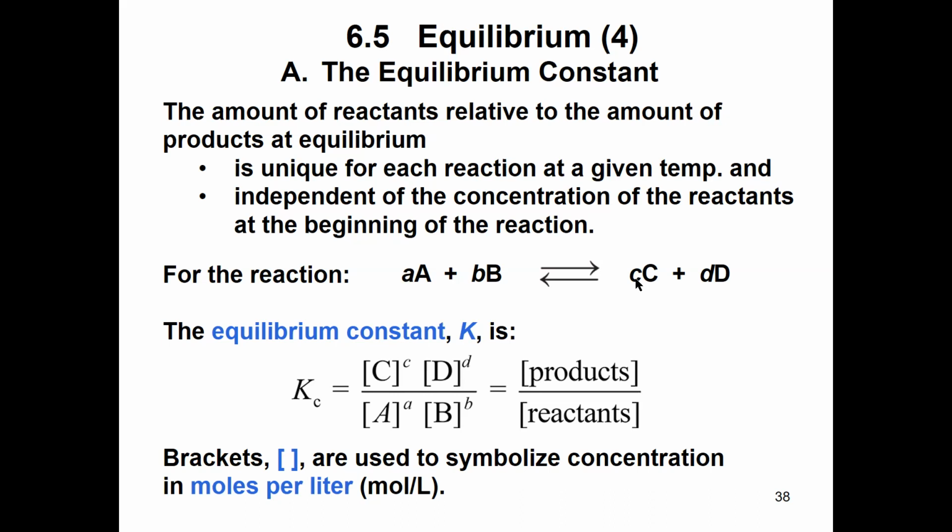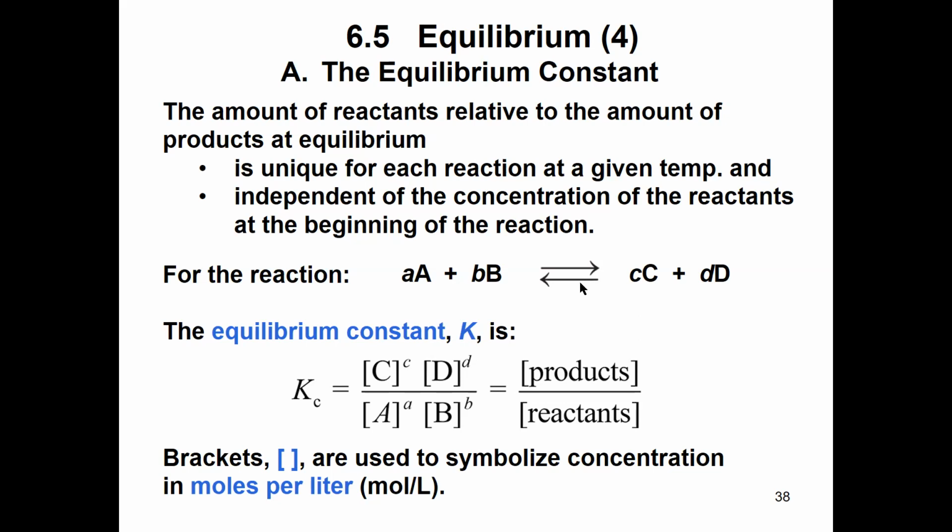If you have a coefficient in front of the compound C, this coefficient will be an exponent for the concentration of C, and the coefficient in front of compound D will show up as an exponent for the concentration of D, right? So this is important to not forget those exponent values that come from the coefficients in the balanced chemical equation.